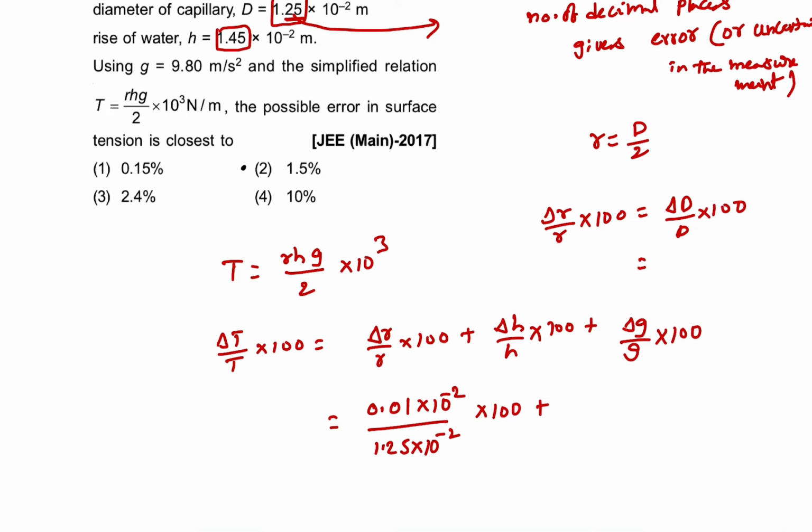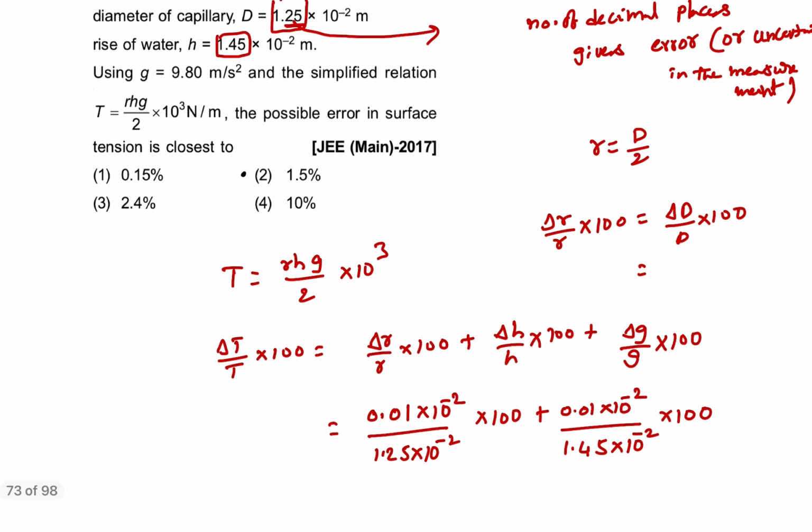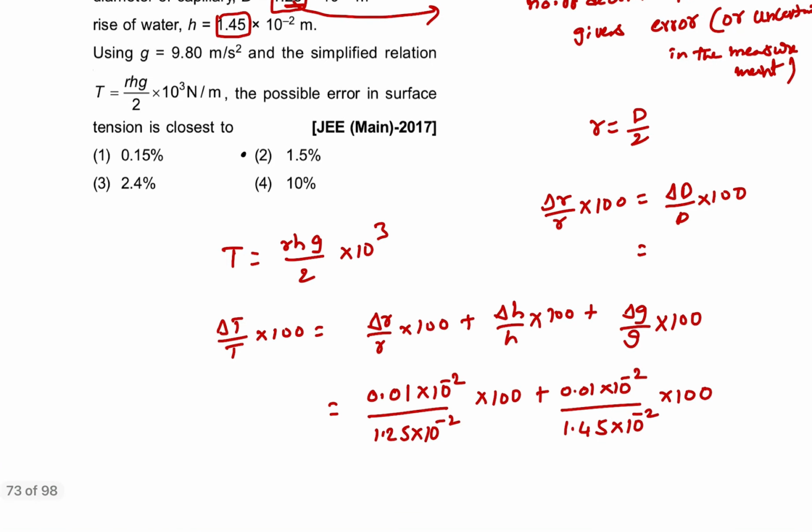Now into 100 plus delta h divided by h. What is the h value? Again you can see here, 1.45 is there. We can write it as 0.01 into 10 power minus 2 divided by 1.45 into 10 to the power of minus 2 into 100.